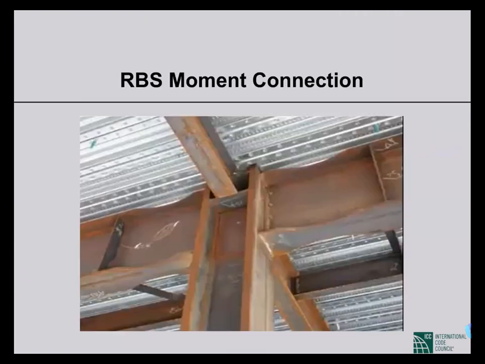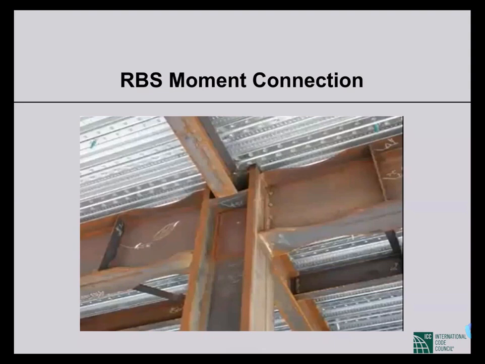Here is an example. This is called RBS moment connection. What is interesting, I hope you can follow, you can see what is interesting here. Please notice carefully that there is no local buckling.